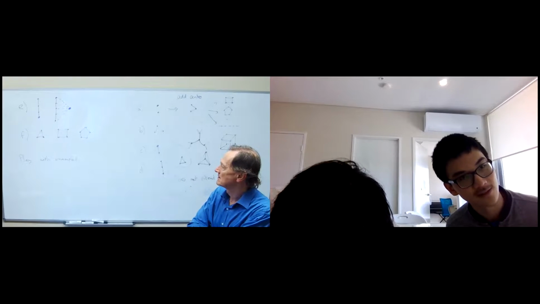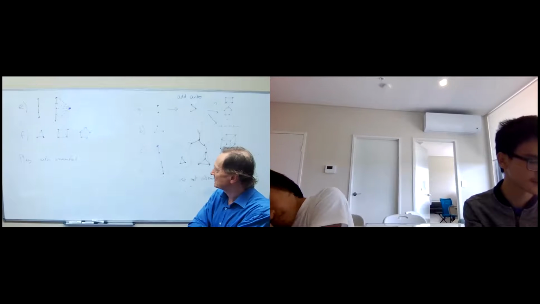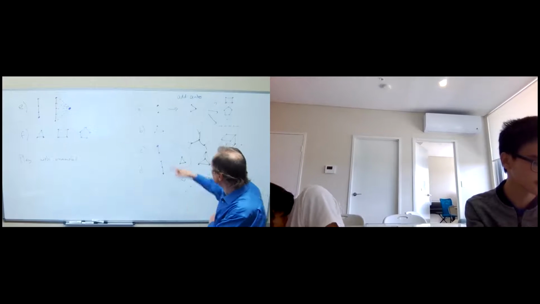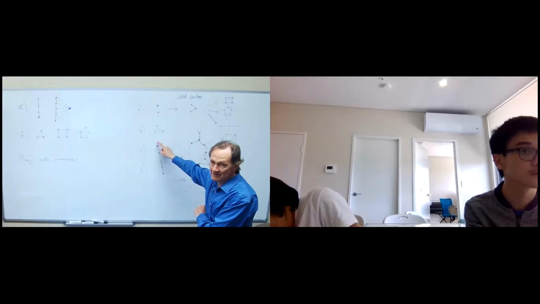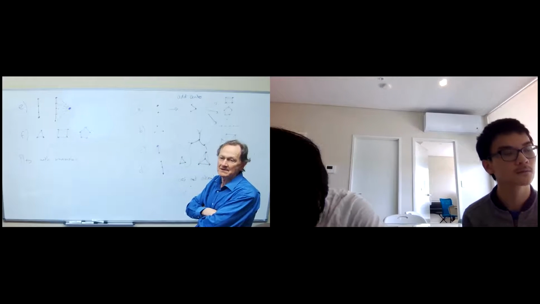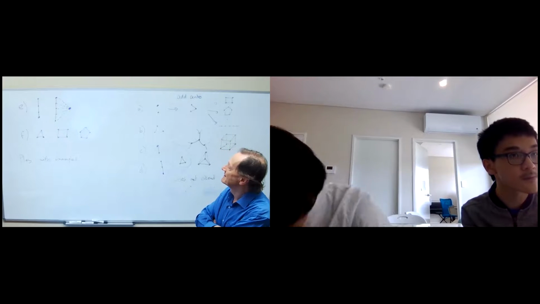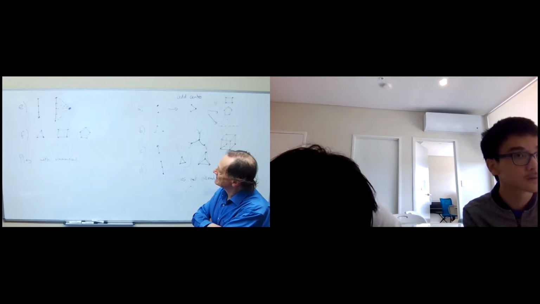So the triangle one would be the tetrahedron. That's right. And I think that one doesn't extend any further, for the same reason as C. So there's a pattern there that you might be able to see.